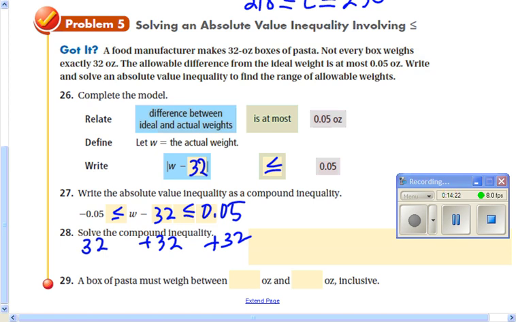So we get 31.95 is less than or equal to W is less than or equal to 32.05. So a box of pasta must weigh between 31.95 and 32.05 ounces.